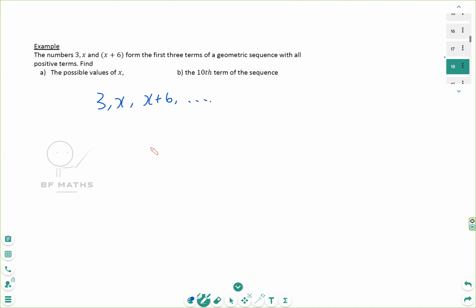If it's a geometric sequence, that means they multiply by the same number, right? That means 3 times r equals x. Also, x times r equals x plus 6. If we make r the subject, r equals x over 3, and r equals x plus 6 over x, then these two are equal.